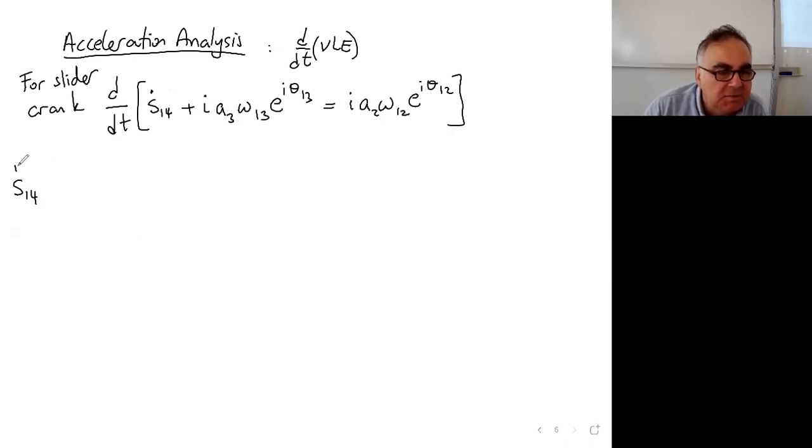S14 dot derivative is S14 double dot minus. Now we will use the chain rule. There are two quantities. Omega 13 is a variable. Theta is a variable. So we will use the chain rule to take derivatives. Minus I A3, omega 13 derivative, let's call it alpha 13, e to the I theta 13.